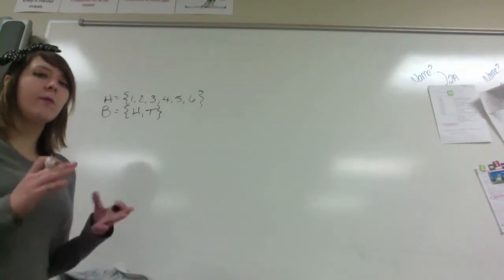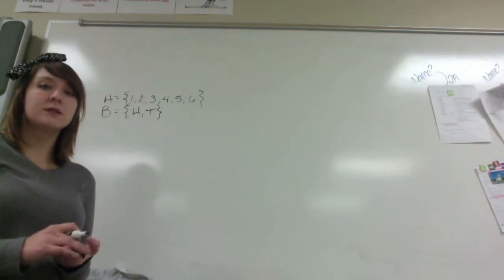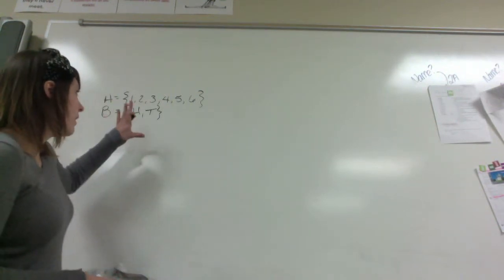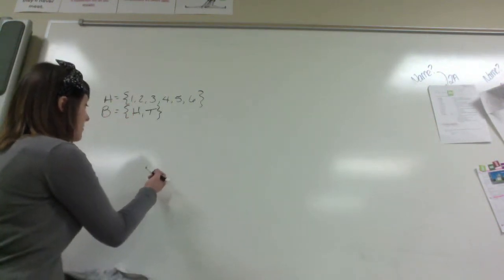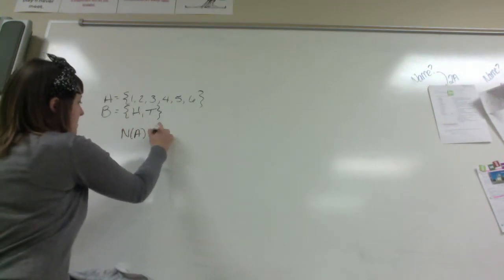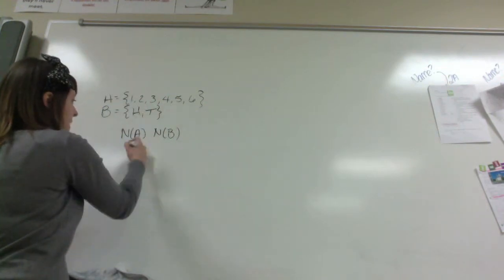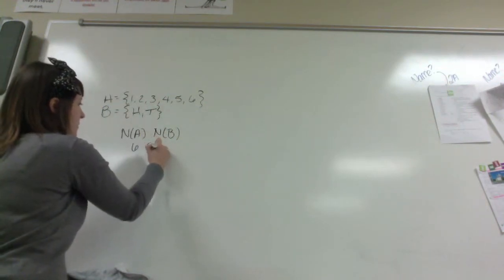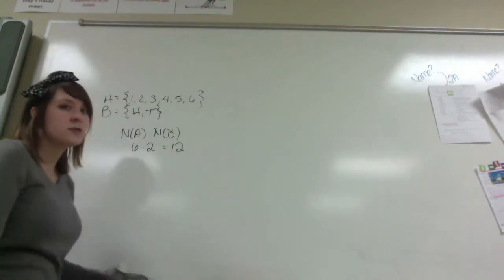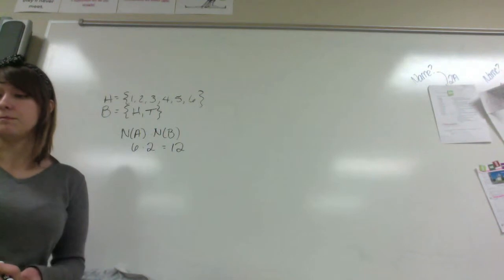So I want to have one element from A and one element from B. What I can do is I can use my multiplication counting principle, so I can say that I have the number of elements in A times the number of elements in B, which in this case is going to be 6 times 2, which would be 12. So there's 12 different ways that I could pick one element from A and one element from B.